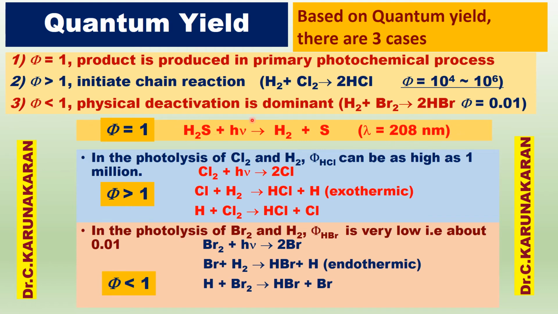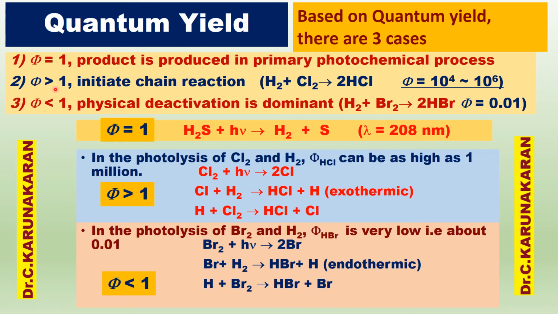It is excited in the primary step, and because the bond is weakened due to electronic transitions, the bond is broken, giving H2 plus S. In this case, phi equals 1.